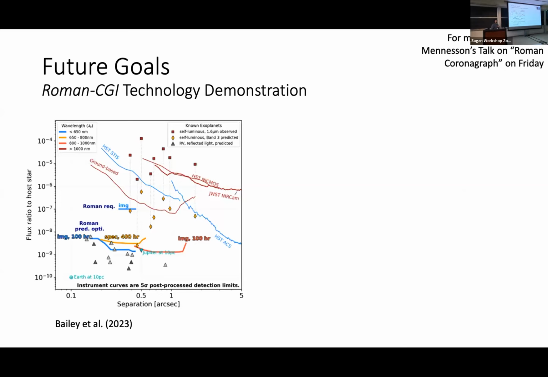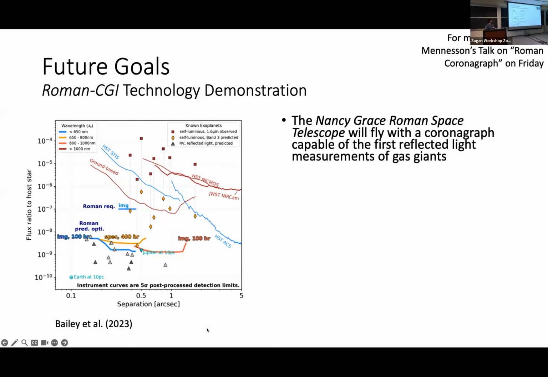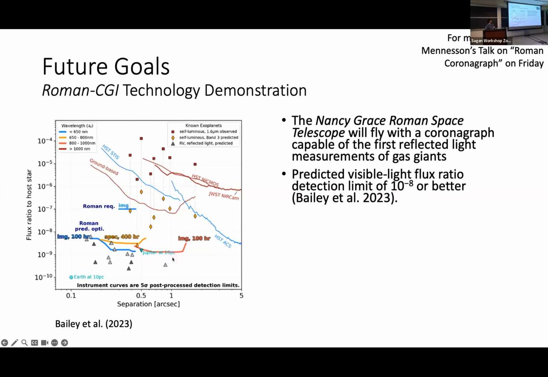And so we have Roman coming down the pike. And so here's my obligatory contrast curve plot. And we see that Roman is going to be the first space-based coronagraph capable of reflected light measurements of gas giants. And while it will be a technology demonstration, it's very exciting to see us pushing the contrast down to about 10 to the minus 8 flux contrast, or perhaps better.